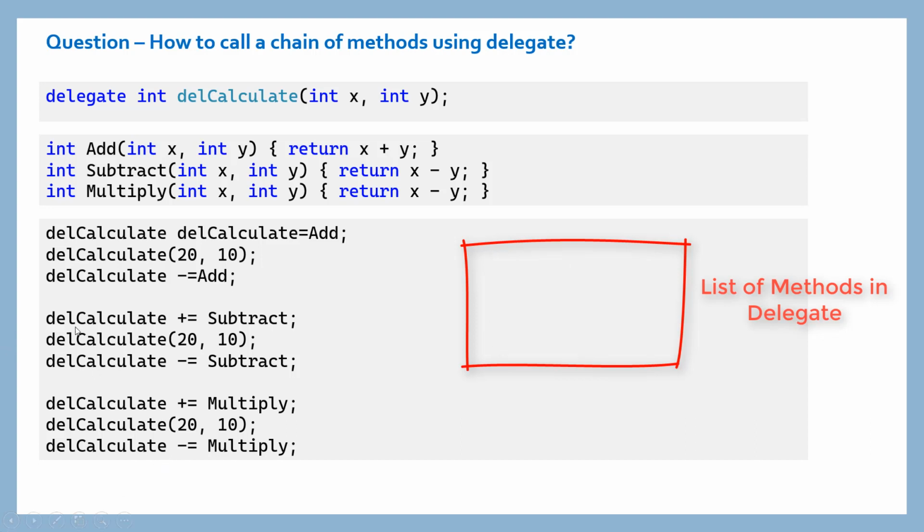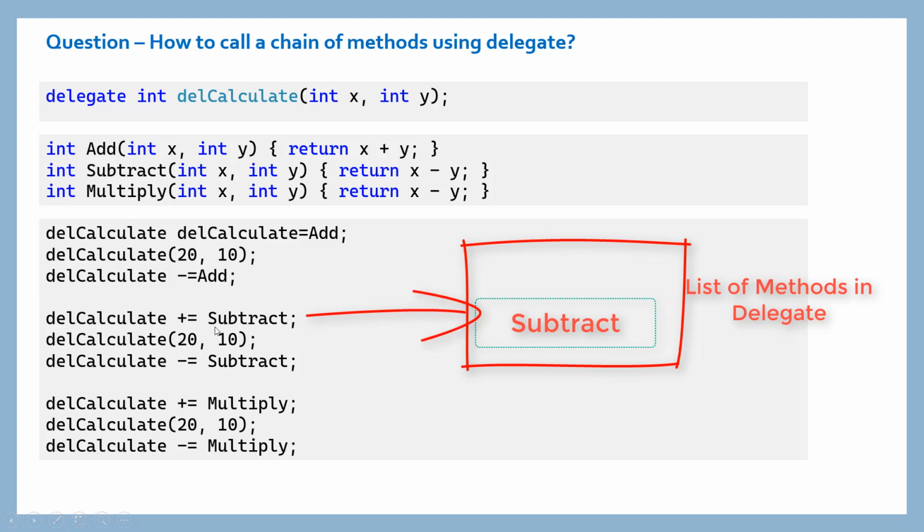So in the next line, we are adding an element: del calculate plus equal to subtract. By writing this, subtract will be added to the list of methods in the del calculate delegate. And we can remove this method from the delegate list by using del calculate minus equal to subtract.